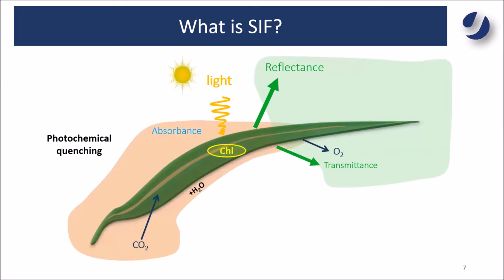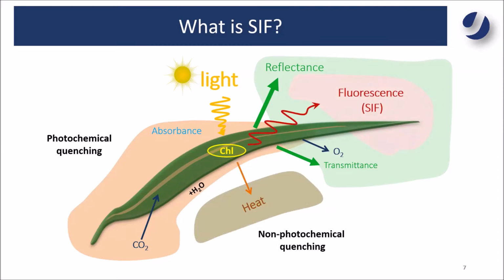As I presented before, the SIF is the portion of the absorbed light that is re-emitted in red frequencies. Near red and far red are the terms used for the two SIF lights emitted.